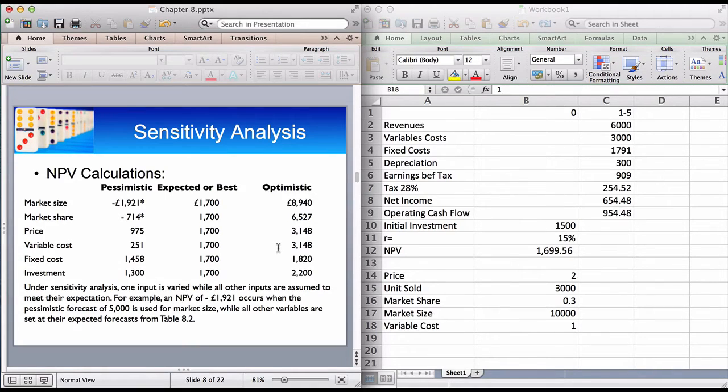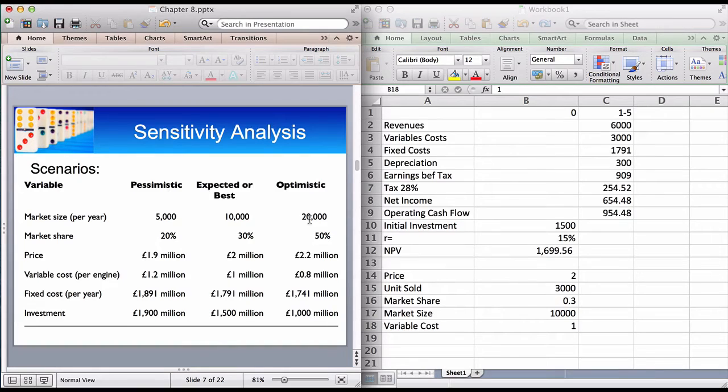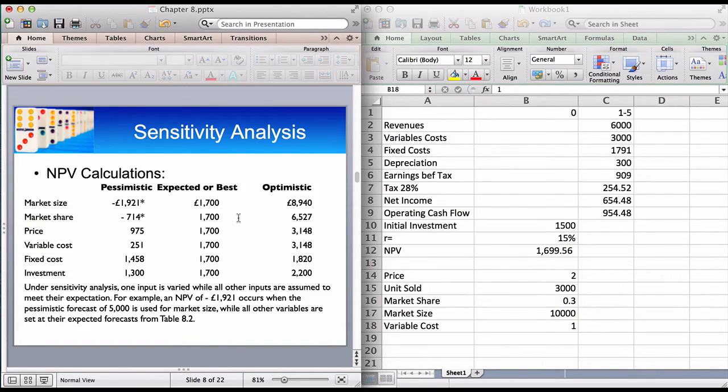And the more market research, clearly it will have a cost, but you would maybe be able to get better estimates so that when you're looking at pessimistic and optimistic, you can try and get that calculated with a bit more accuracy. Market share is a bit more difficult because with market share, you can't predict how many units you're going to sell in the future.